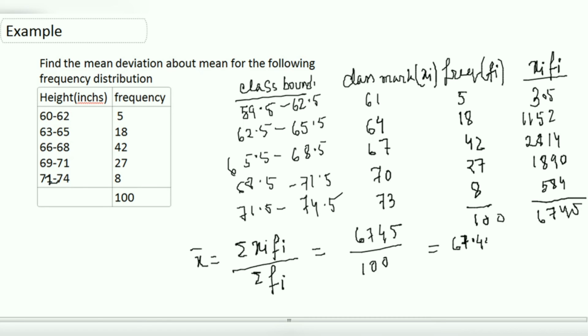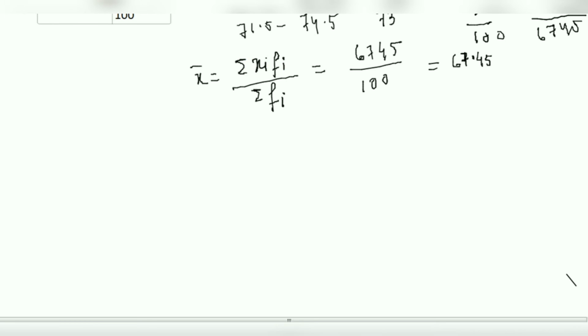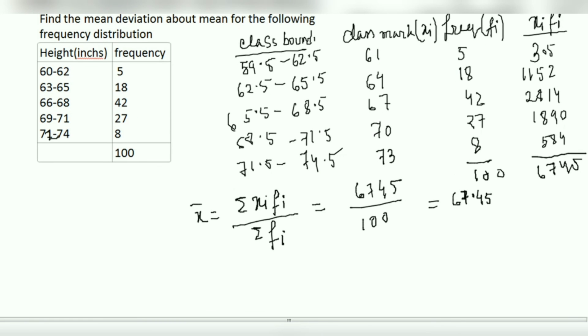and the mean is 67.45. Now from this we can see that those values which are greater than the mean are 70 and 73. So using the previous property, we just take these two values to find the mean deviation about mean. So our xi which we take will be 70 and 73 because these are greater than 67.45.